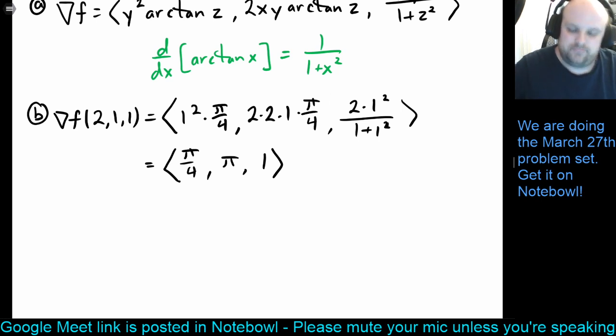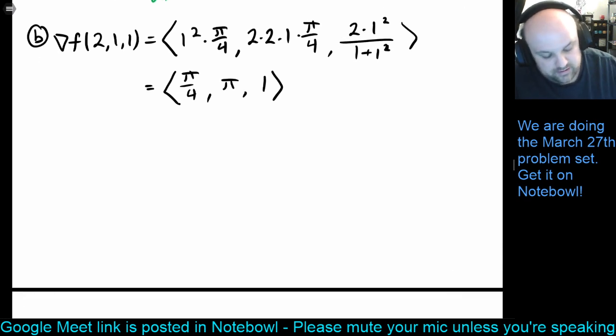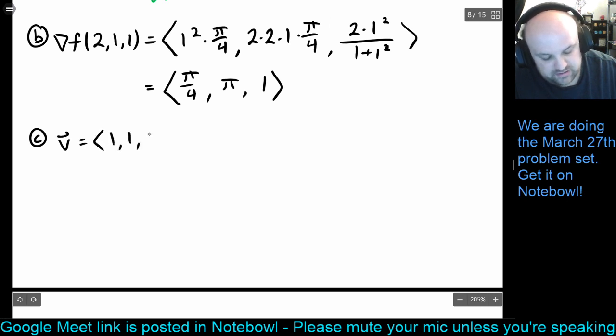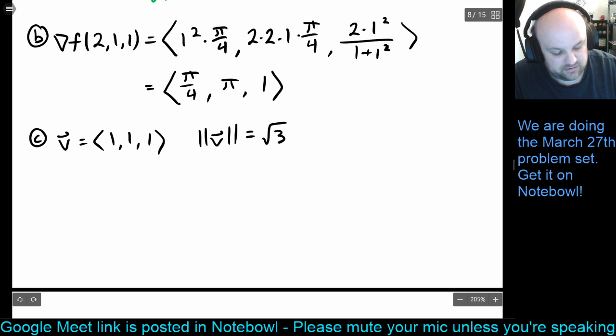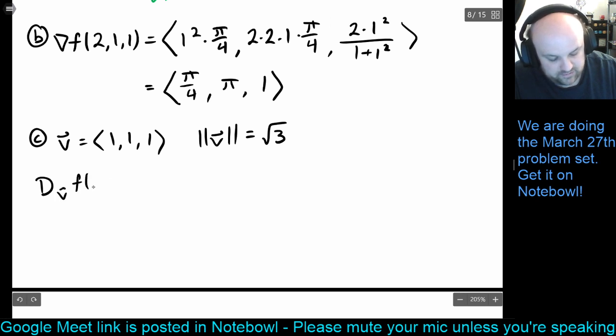So, now that you have that, we can move on to part C and ask, well, what's the directional derivative in the direction of this vector? Right? Again, we want to check to make sure that it is a unit vector, which it isn't. We have to make it one. Right, so D sub v hat of f at 2, 1, 1.